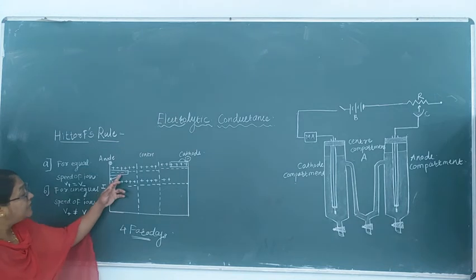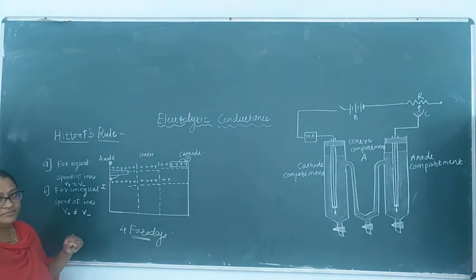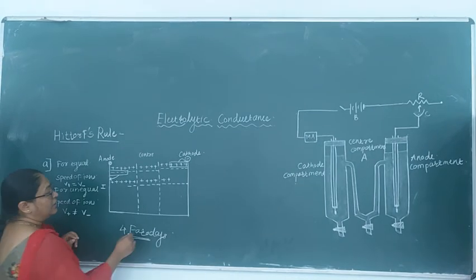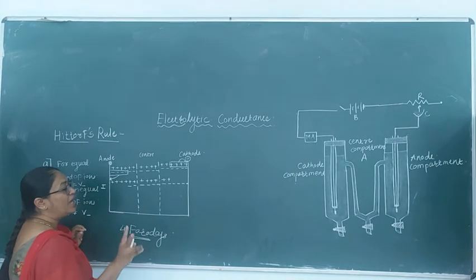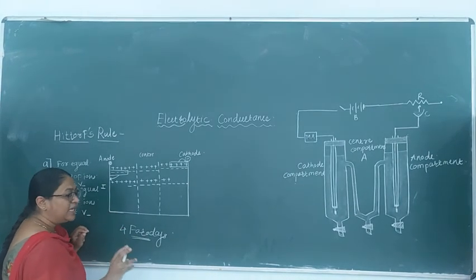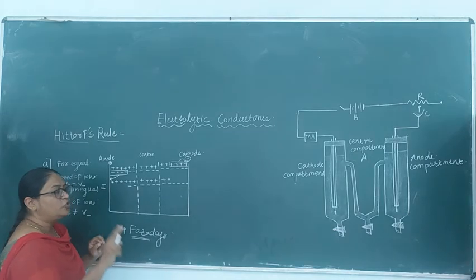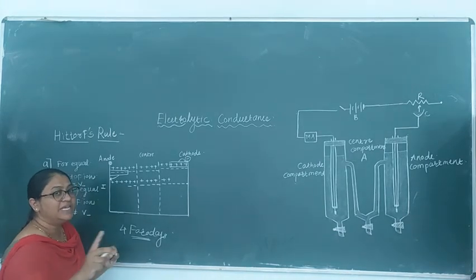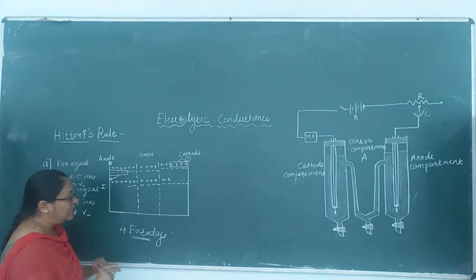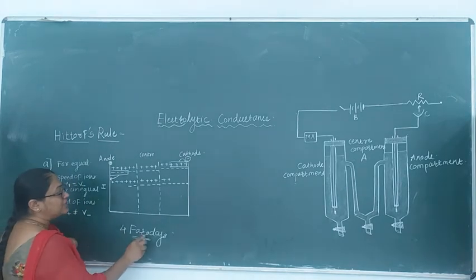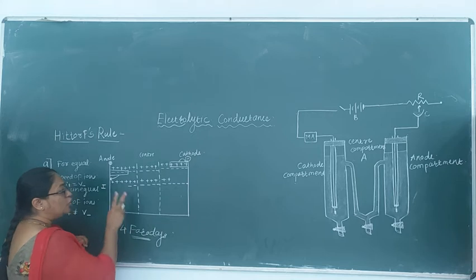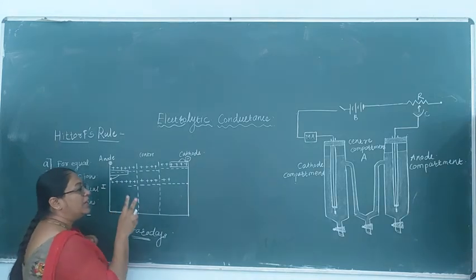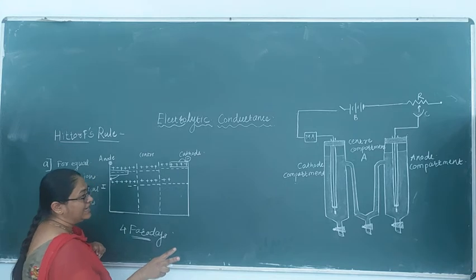Alright, while this migration is happening, as the 2 ions have the same speed, both of the ions will contribute the same to the total electricity carried. Therefore, 4 Faradays of electricity is carried. That means 2 will be carried by the cations, while 2 will be carried by the anions.